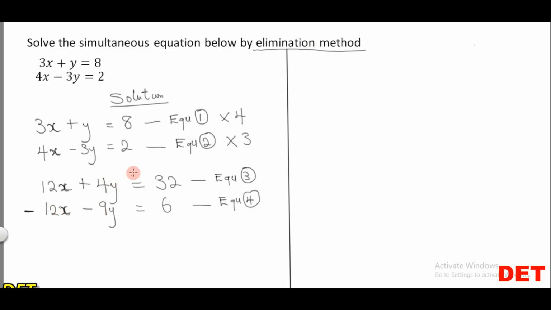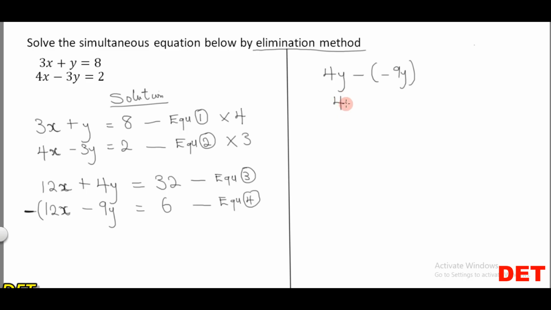Then 4y minus 9y. Remember that this minus sign is affecting everything in the equation. So you should know that minus times minus will give you plus.